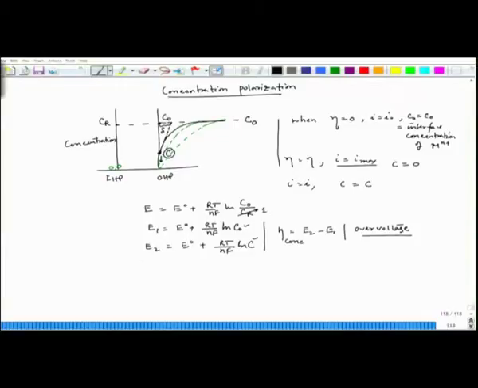Now, I can use Fick's first law here, J, which is the flux. I can write in this form, moles per unit area per unit time, equals minus D dC/dx. I am considering a steady state situation here.